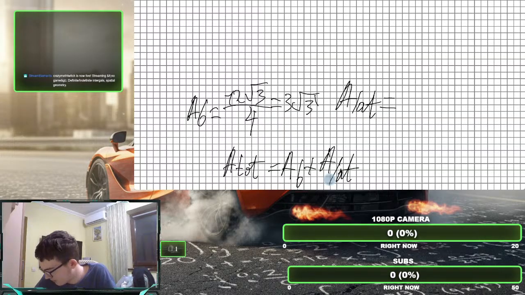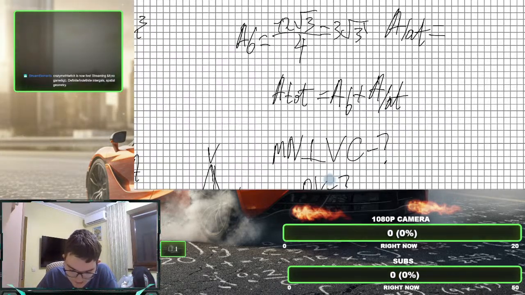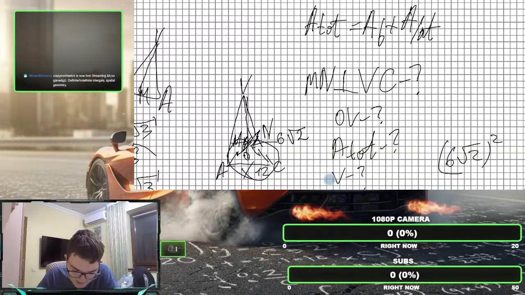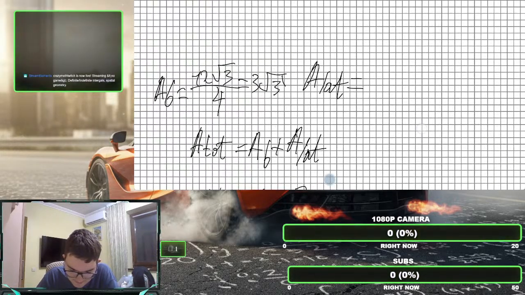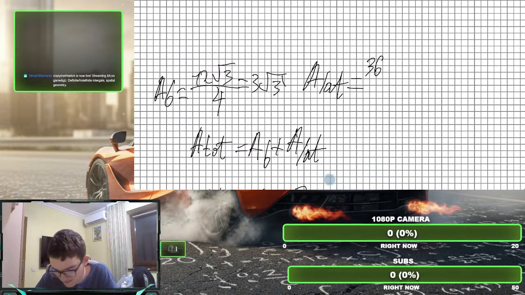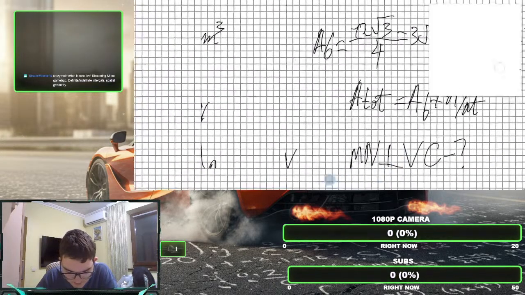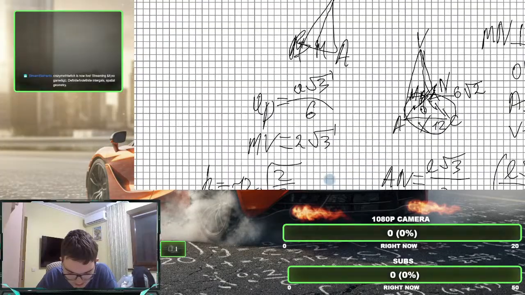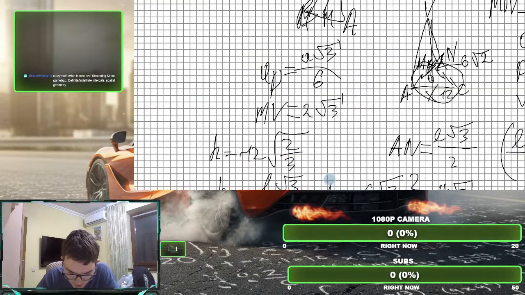Formula, know that shit. Perimeter of a base, which is 12 times 3. We got 3 lines, AC, BC, and AB, which is 36. At the top, we're doing some fraction here, times the apothem, which I already solved because I'm a genius, which is 2 square root of 3.